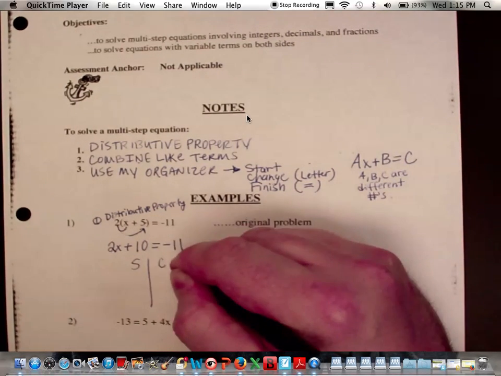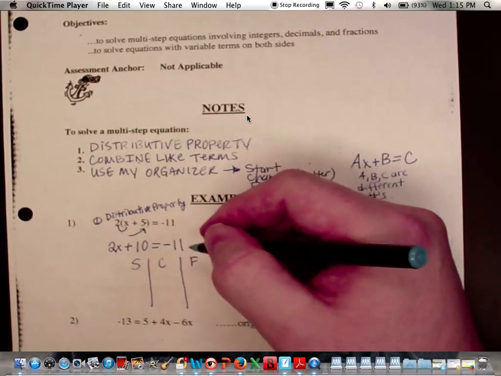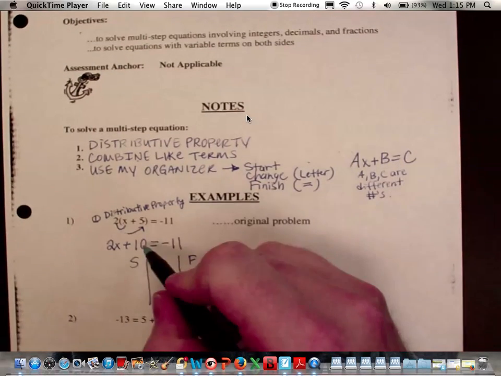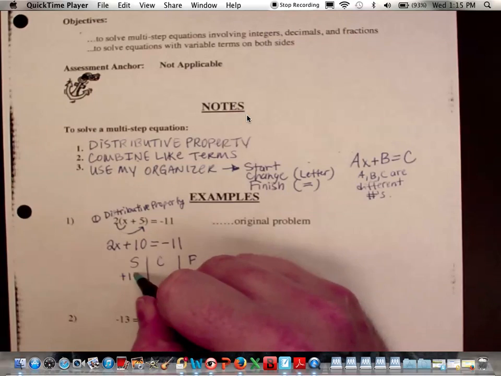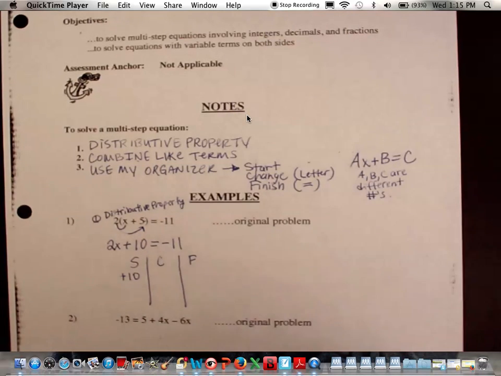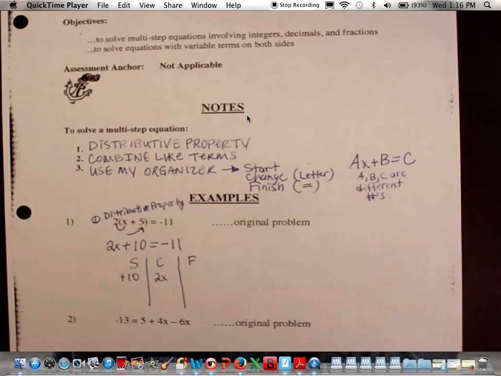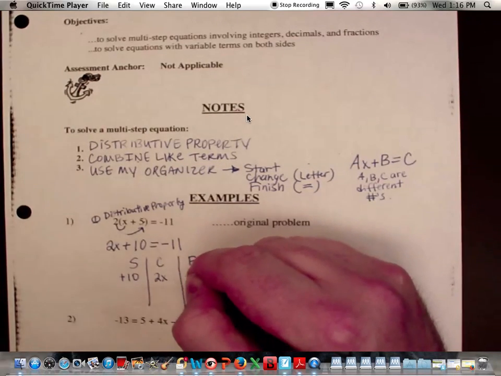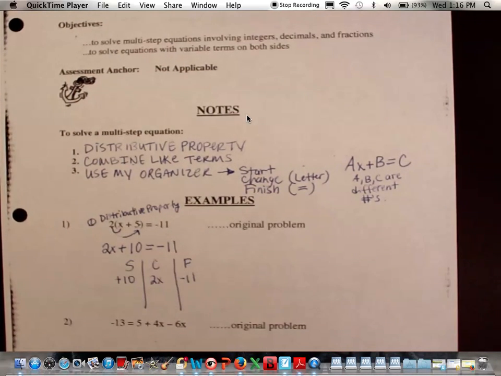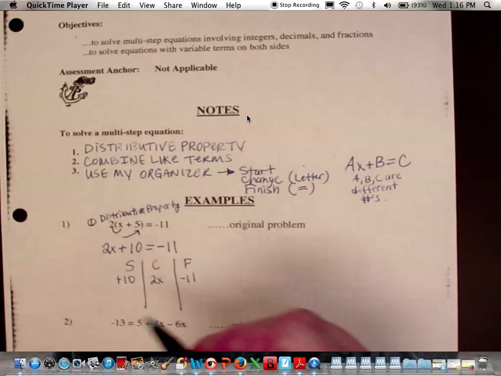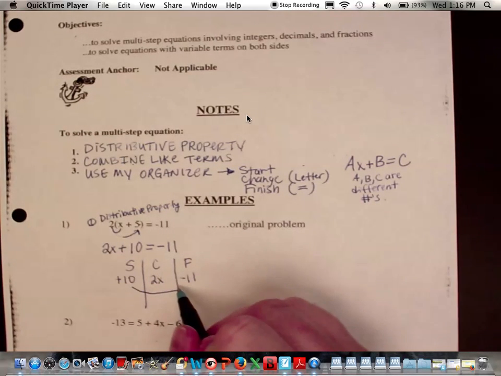Start, change, and finish. My start is going to be a plus 10. My change is going to be my variable with that number, 2x. And my finish is going to be negative 11. Okay? Now I can solve by doing the opposite of plus 10, which is minus 10.